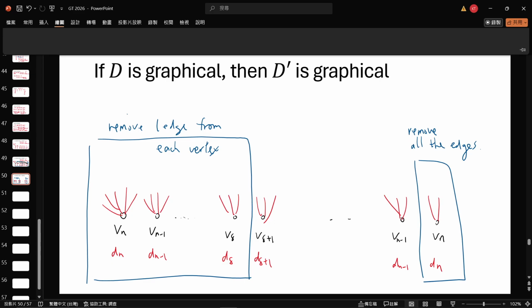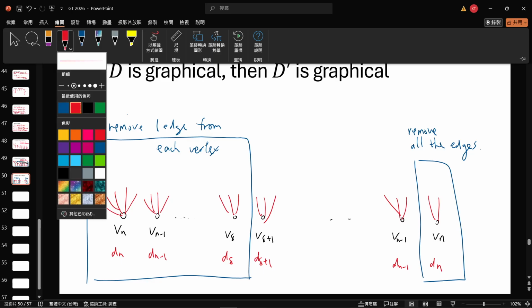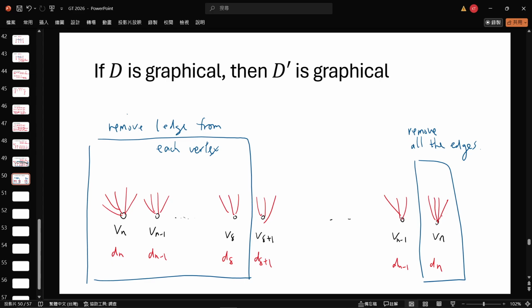I think I should add more red edges to Vn. Because the degree of Vn, that is the number of edges for Vn, should be equal to delta, okay? Because recall that Dn is delta.